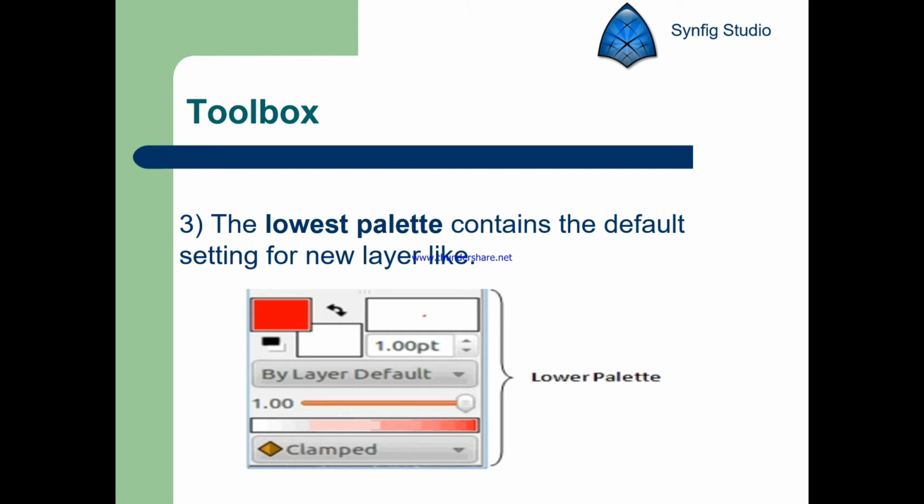The third one is the lower palette. In the lower palette, we have different types of settings of the different layers and different properties of the layer.